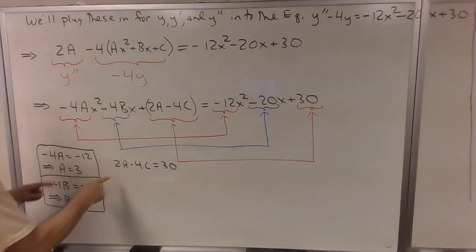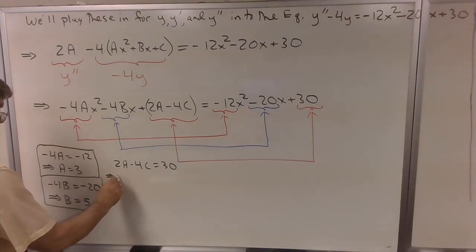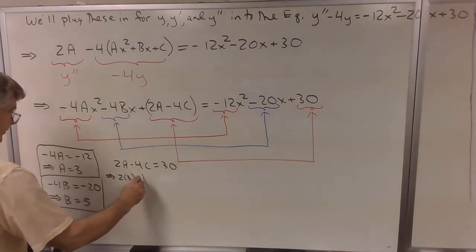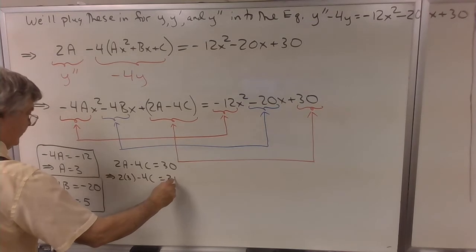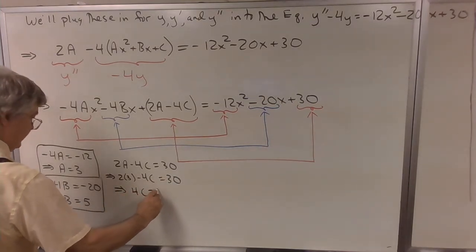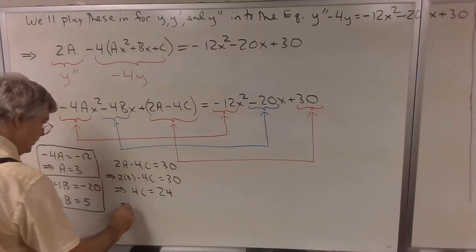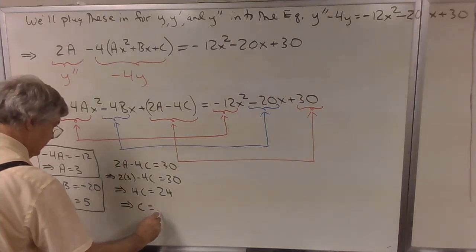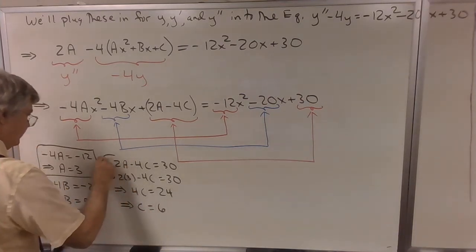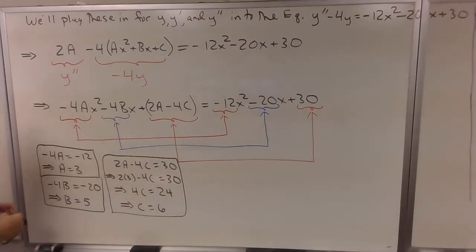But we know what a is. A is 3. So c is equal to 6. Okay. Cool.